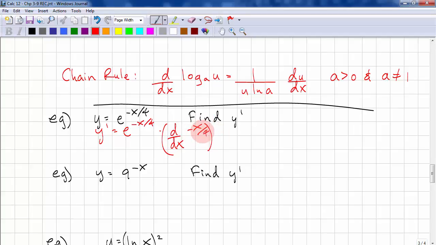And this is a linear function, so the derivative is just negative 1/4. And if you like, you can rewrite this as minus e to the minus x over 4, over 4.